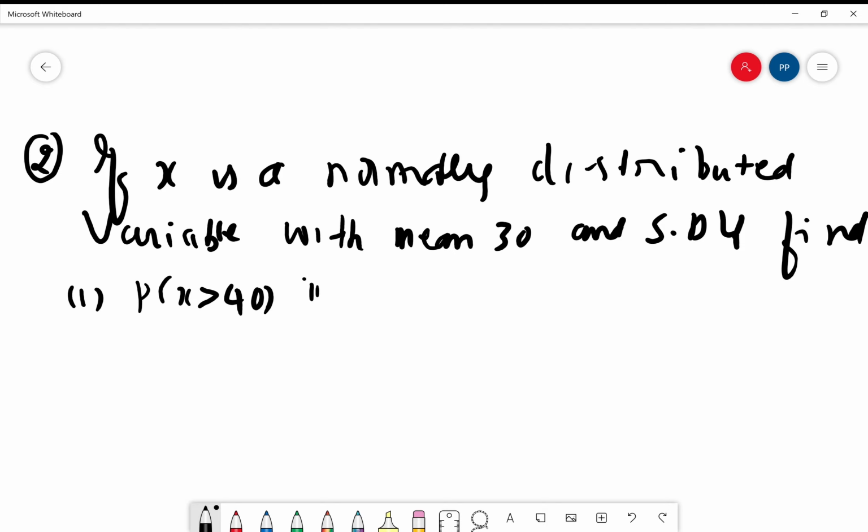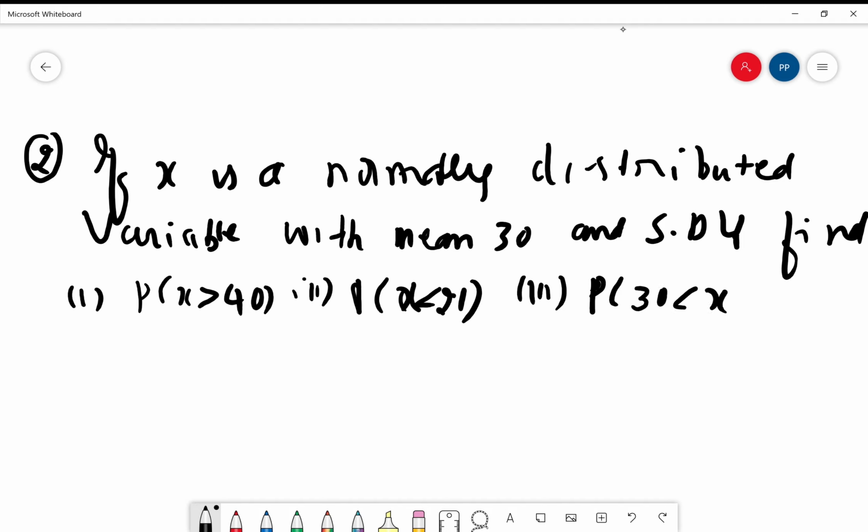Number 2: P of x less than 21. Number 3: P of 30 less than x less than 35.